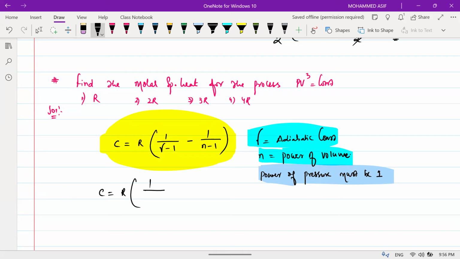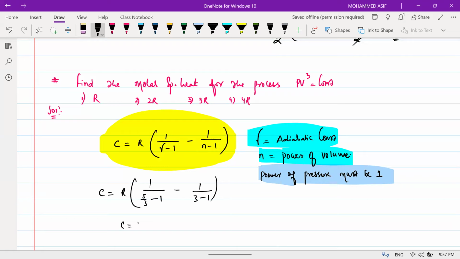What will be the adiabatic constant? कुछ भी नहीं दिया. It is monatomic or diatomic. Then you should always take right now for me gamma की वैल्यू कितनी रहेगी? 5/3. Gamma की वैल्यू 5/3 minus 1, minus 1 by power of volume 3 minus 1.